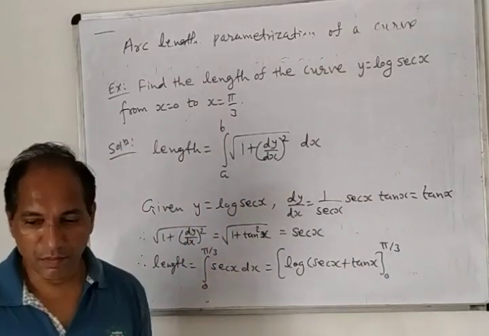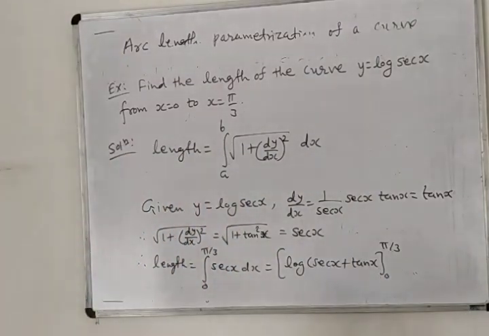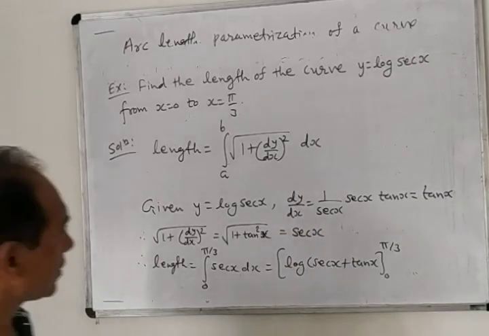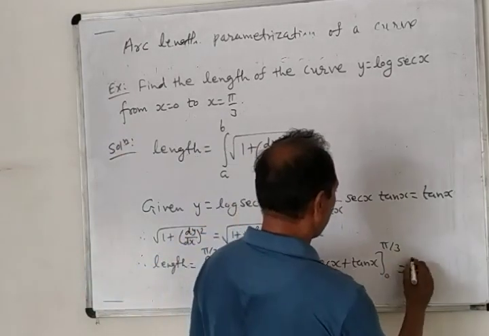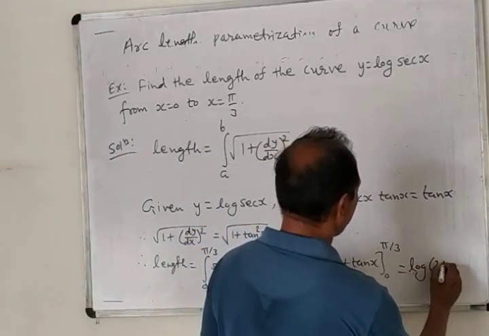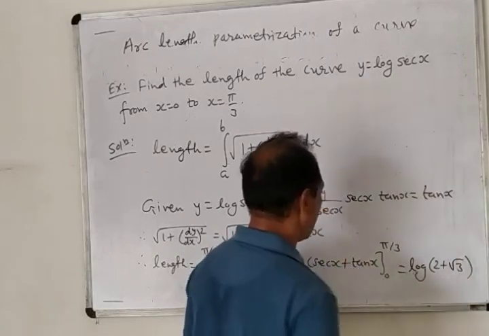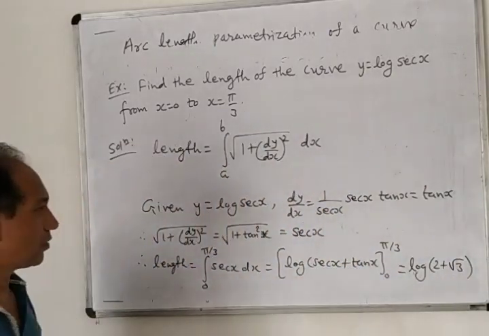So then we put the values. First we put the value x equal to pi by 3, then we put x equal to 0. And then the final answer we will get as log of 2 plus root 3.